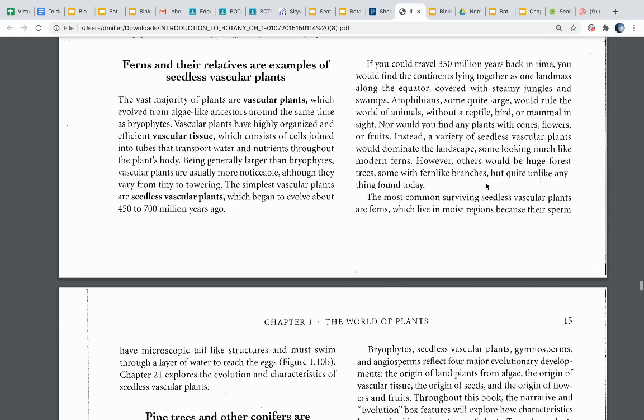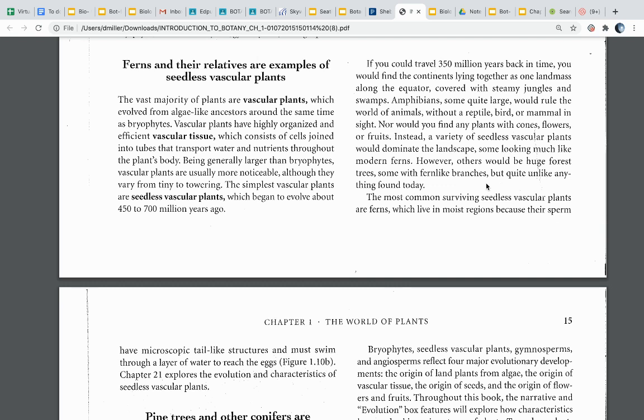Ferns and their relatives are examples of seedless vascular plants. The vast majority of plants are vascular plants, which evolved from algae-like ancestors around the same time as bryophytes. Vascular plants have highly organized and efficient vascular tissue, which consists of cells joined into tubes that transport water and nutrients throughout the plant's body.